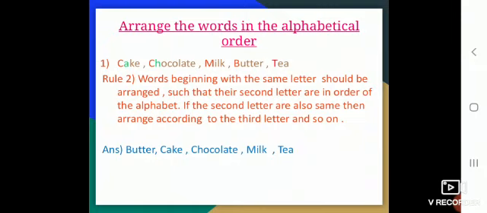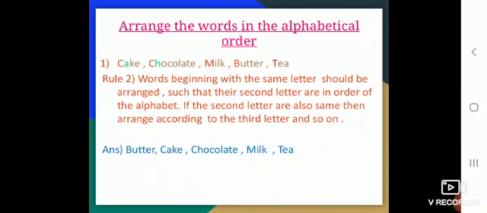So rule number 2 is what? Words beginning with the same letter should be arranged such that their second letters are in order of the alphabet. If the second letters are also the same, then arrange according to the third letter and so on.